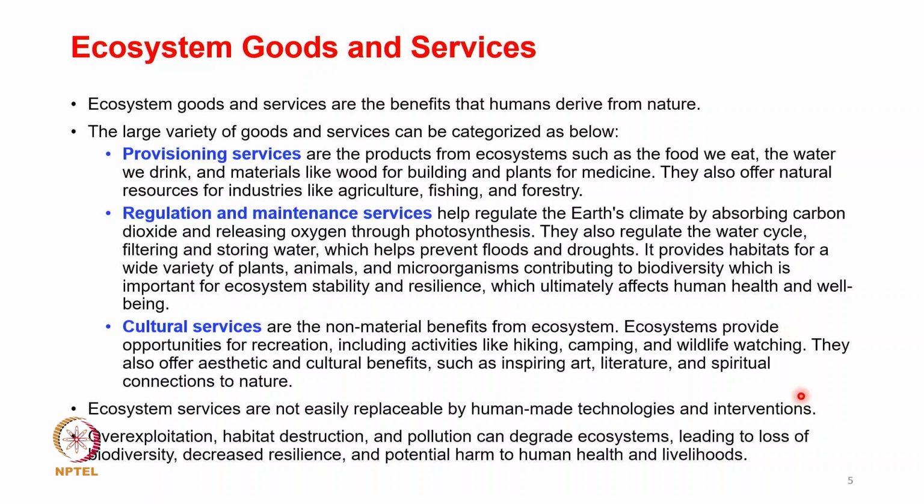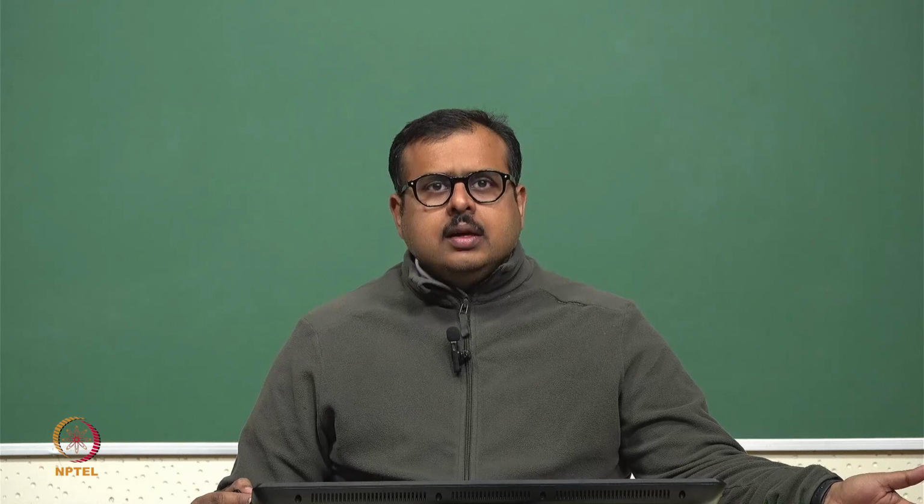Fine. And the third aspect that we get from the ecosystem is cultural services. These are non-material benefits. In the first case, it was material benefits. In the second case, it was a service that helps to regulate, and the third is cultural services. We enjoy ecosystems. For instance, we go hiking, camping, wildlife watching, or out for a picnic, for which we all look for ecosystems.